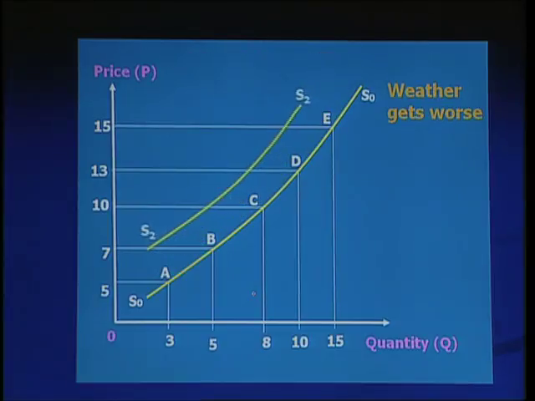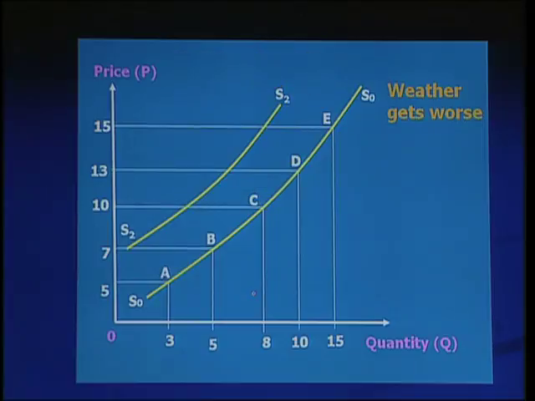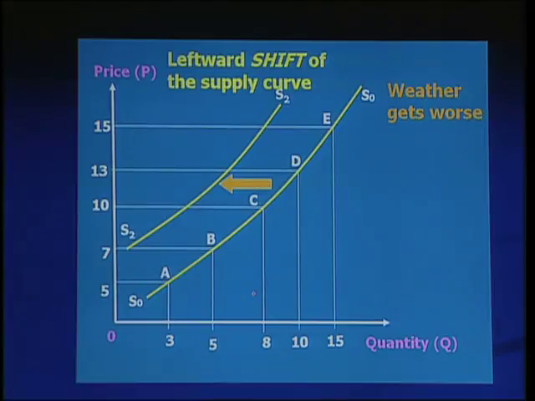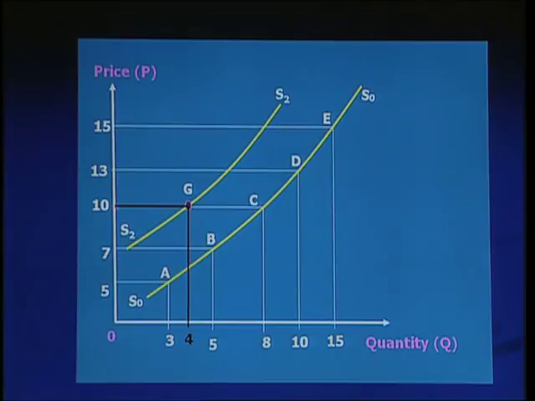So, the supply curve shifts to the left, which we call the leftward shift of the supply curve. We can see at price 10, when the previous quantity supplied was 8 kilo, now the quantity supplied is 4 kilo. That means, due to the leftward shift of the supply curve, the quantity supplied has been reduced.